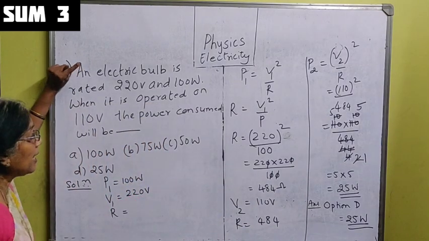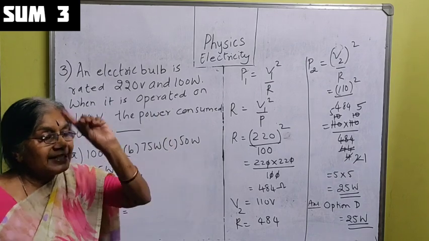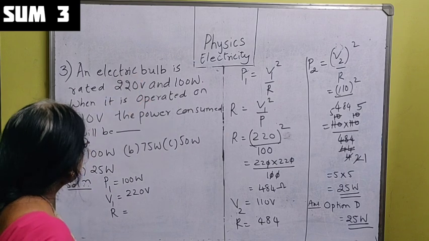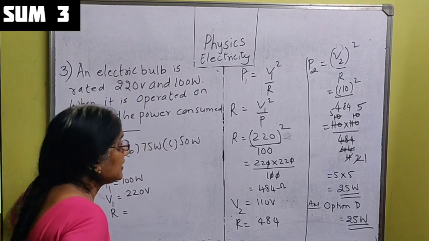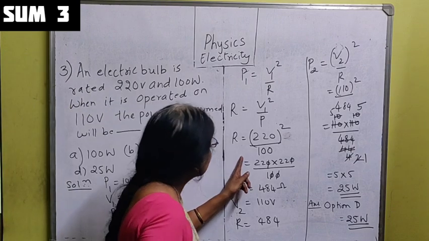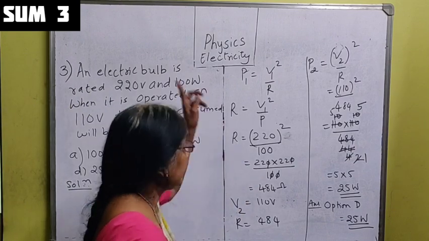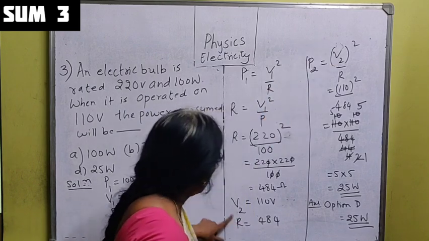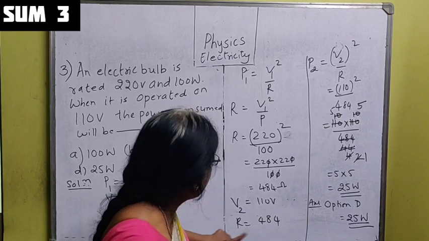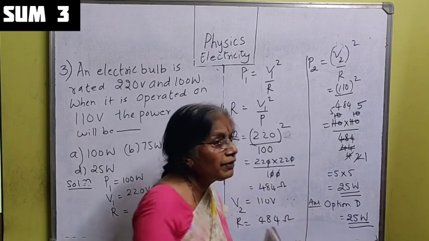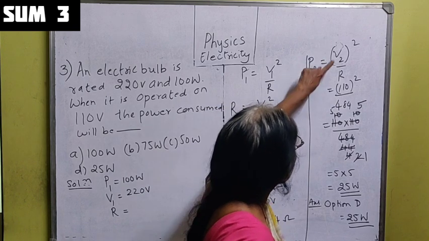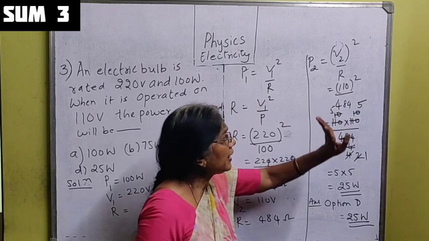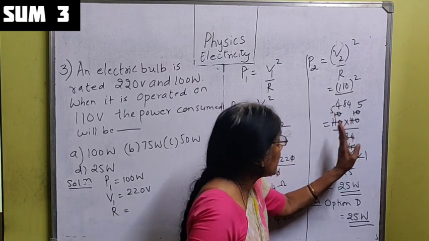In an electric bulb, the same bulb is used, so resistance is equal. Resistance is 484 only. What is changing here is the potential difference. So by taking the value of resistance and the new potential difference, we find the power of the bulb. V2 is 110 volt, R is 484 ohms. P2 is equal to V2 square by R, 110 into 110 by 484.